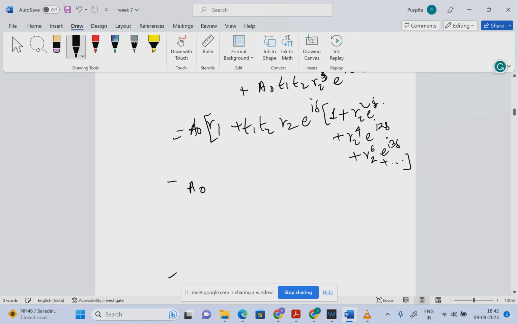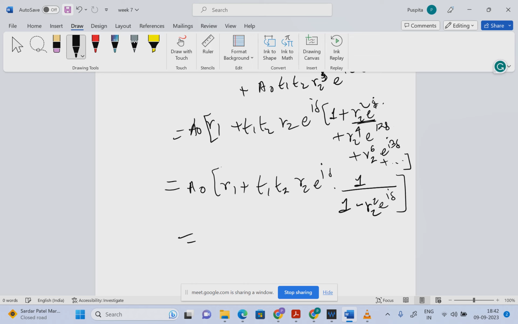Now we can use the relation for a geometrical progression. The term which is being multiplied each time is R2 square e to the power i delta, so the sum is 1 over 1 minus R2 square e to the power i delta.